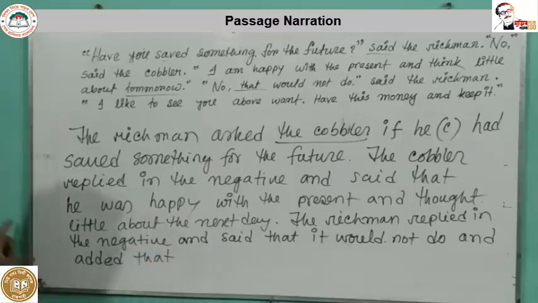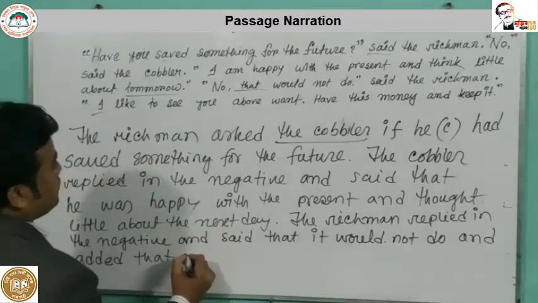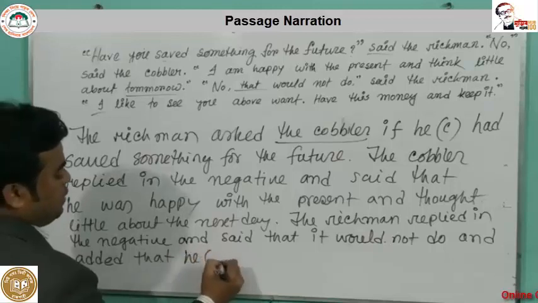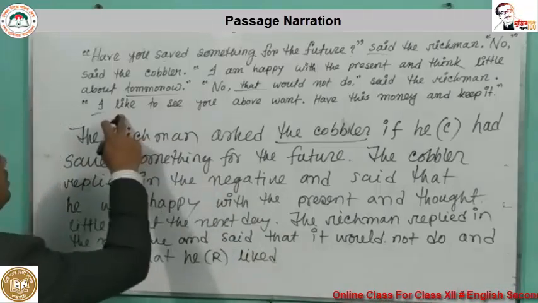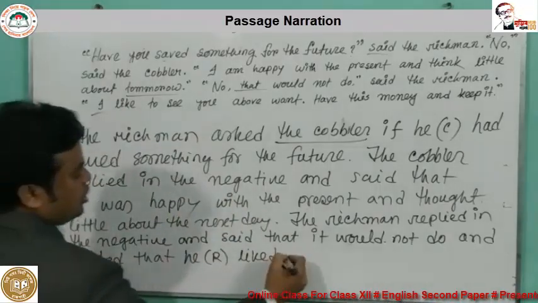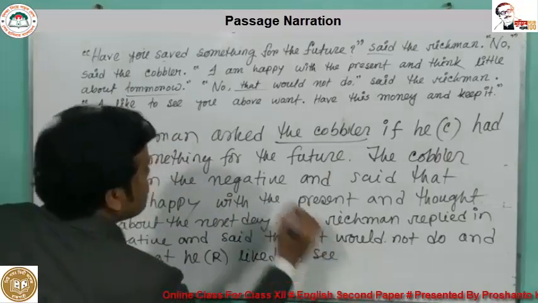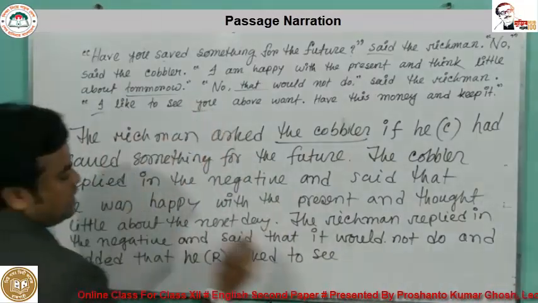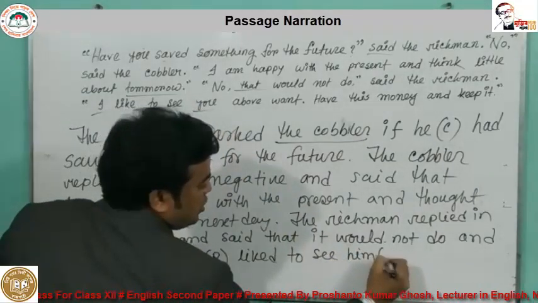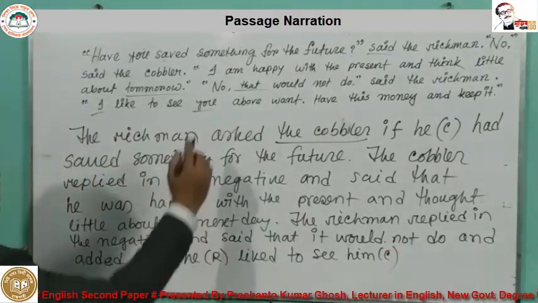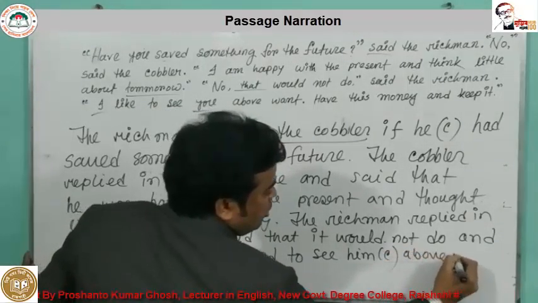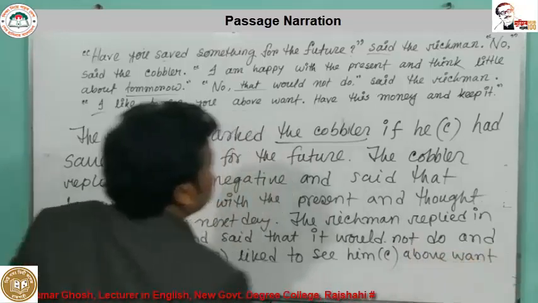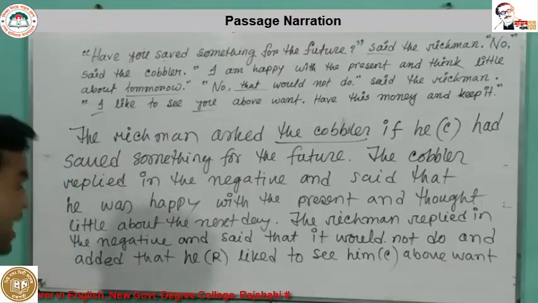And added that he, means wristman, liked to see you, the object him means cobbler. Okay, fine.